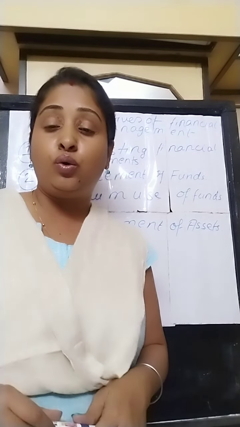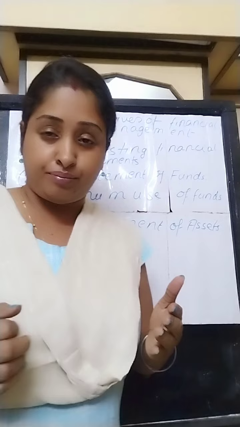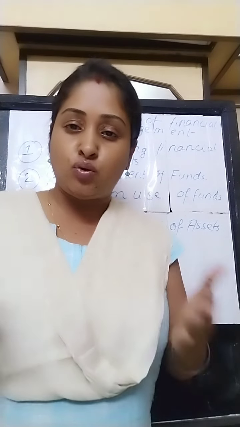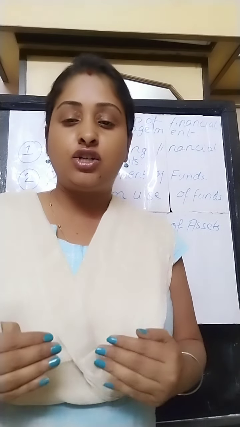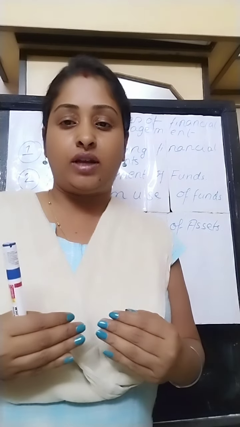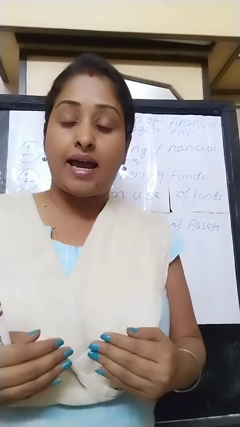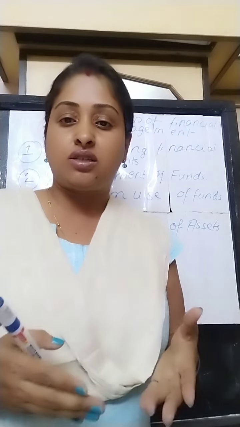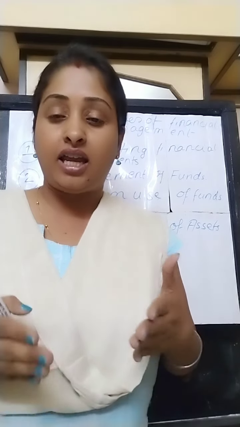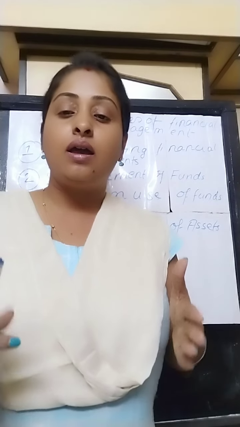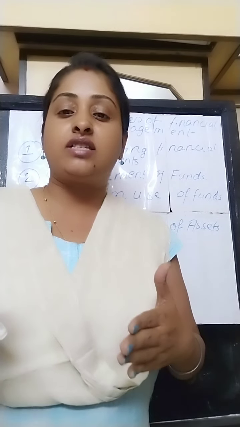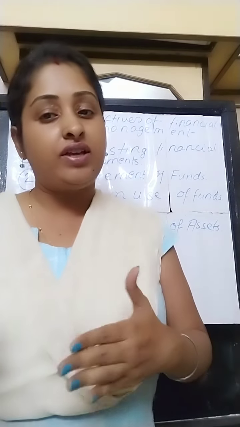So in order to carry on a business, we need two types of capital, and it is the duty of the financial management to procure funds and to apply these funds in these types of capital investment in a proper way. These two investments are working capital investment and fixed capital investment.